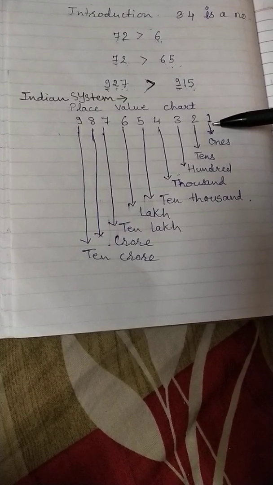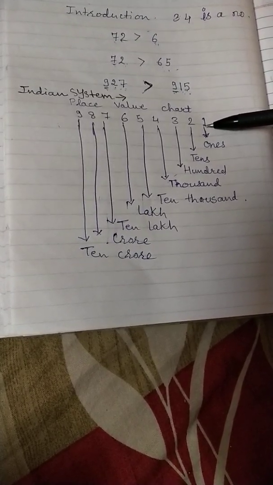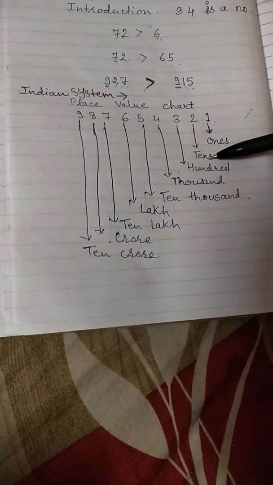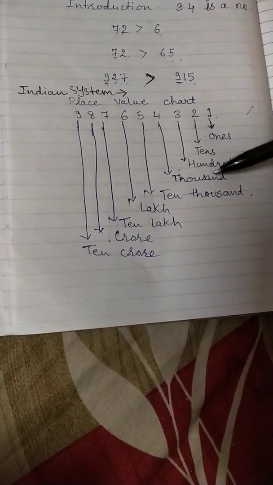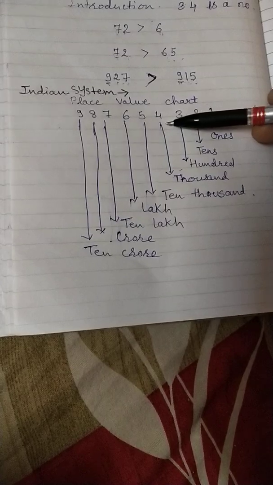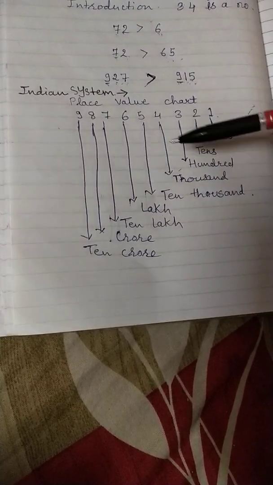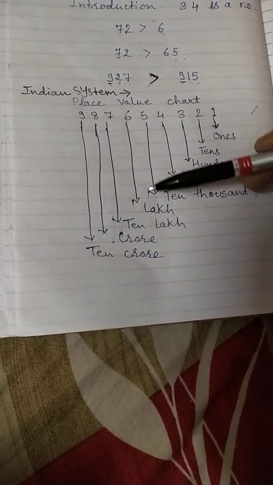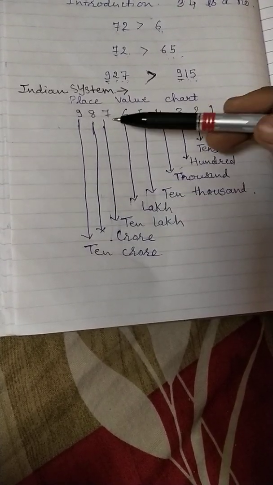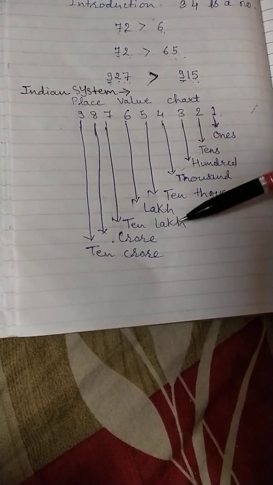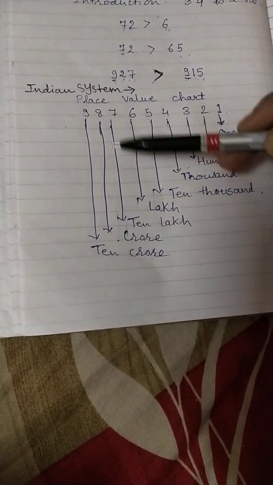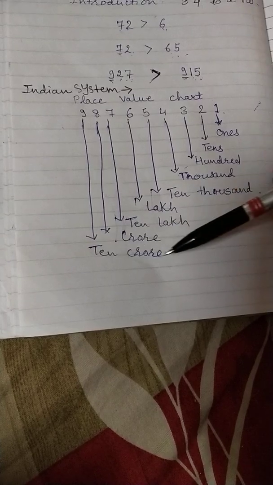See, first this 1 stands for the ones place, 2 is on the tens place, 3 is on the hundreds place, 4 is on the thousands place, 5 is on the 10,000 place, 6 is on the lakh place, 7 is on the 10 lakh place, 8 is on the crore place, 9 is on the 10 crore place.